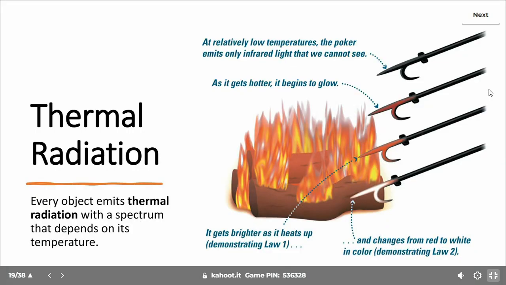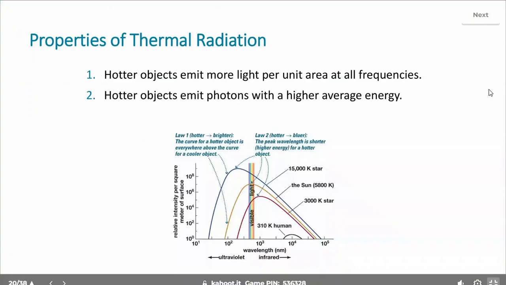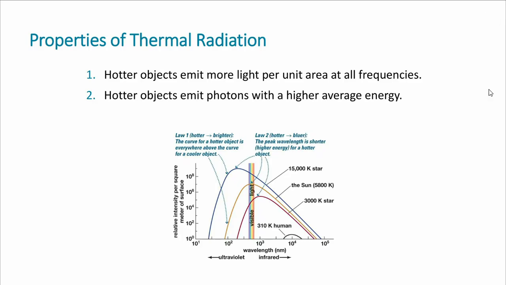So we talked about this a couple of times. As you increase the temperature of something, it will emit different kinds of photons of light. And if you take that over a large range of wavelengths that you would have for a black body, like different temperatures of stars, you'll get what's called a black body curve.